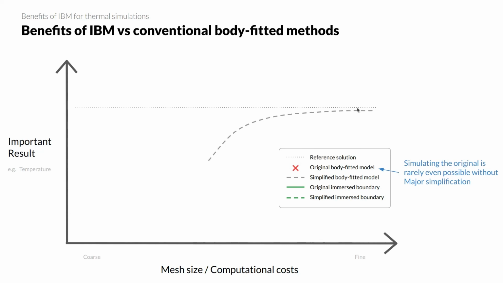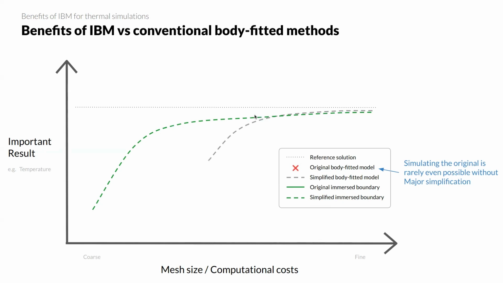Now we want to take a look why the immersed boundary method really helps us do simulations earlier and spend less computing resources on already getting valuable results. So first, I will bring in the simplified model with the immersed boundary method, where you can see that essentially it behaves very similar to the body-fitted approach.